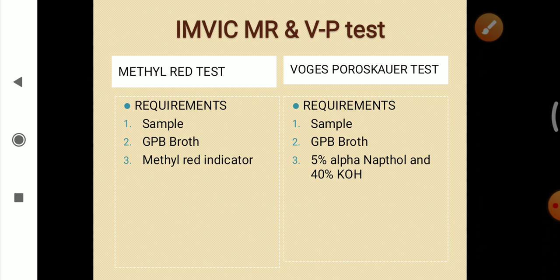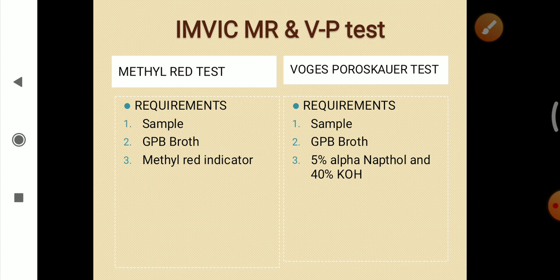If there is the formation of red color while adding the methyl red indicator, then we say that the methyl red test is positive. If there is no change in the color, then we say that the methyl red test is negative. Okay, this is all about the methyl red test.